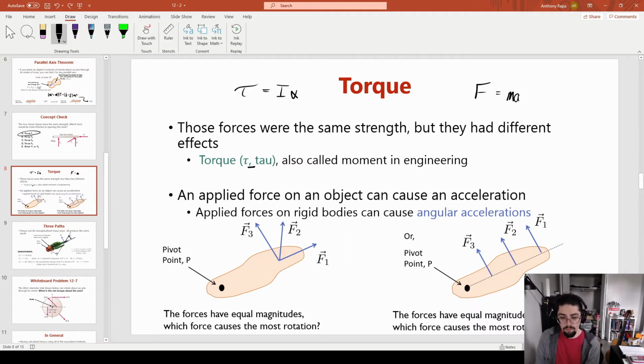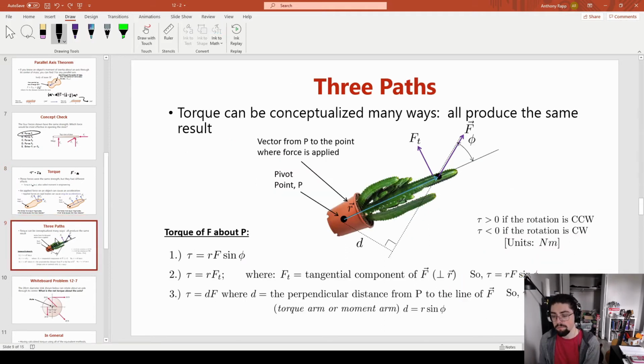So, let's look at this in a couple different ways. At the end of the day, and I've got bad news for you right here, where have we seen this expression? We should remember this one.